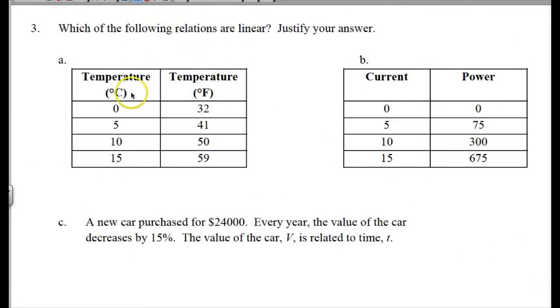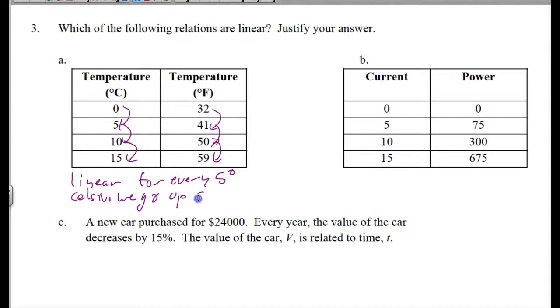Which of the following relations are linear? Okay, so we go up by 5, up by 5, up by 5, up by 9, up by 9, up by 9. This is linear. For every 5 degrees Celsius, we go up 9 degrees Fahrenheit.